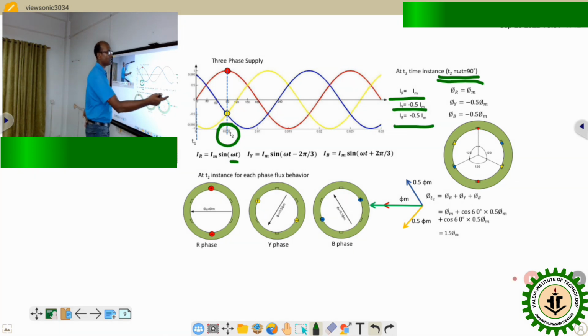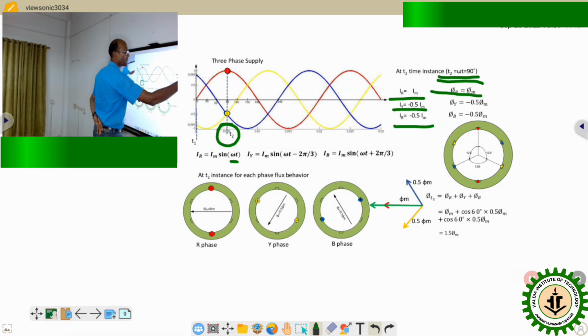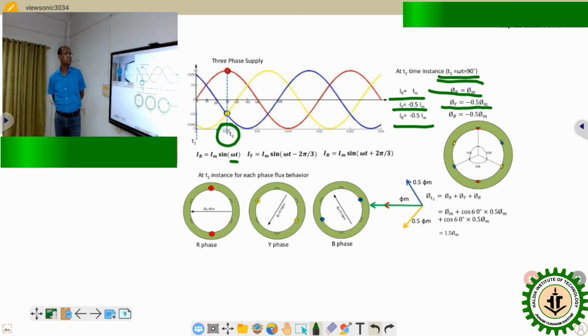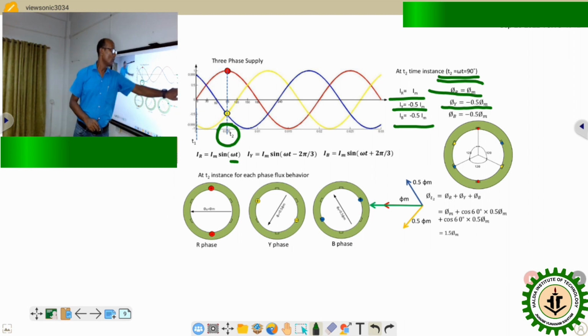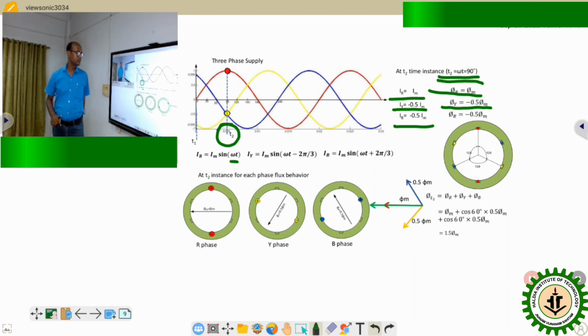Okay, their corresponding contributions to the generation of flux will be like this. That means R phase flux is phi m, Y phase flux is minus 0.5 phi m, and B phase flux is also minus 0.5 phi m.